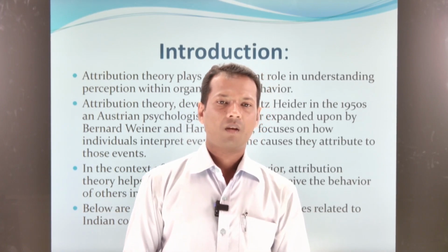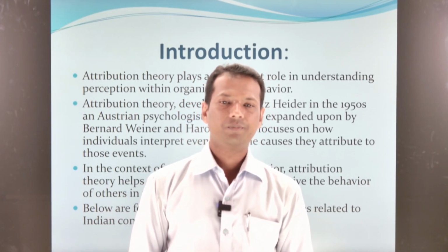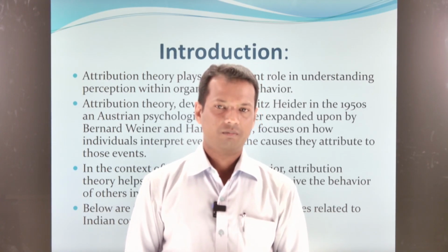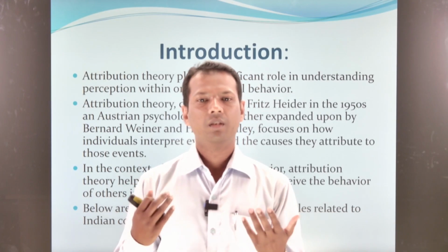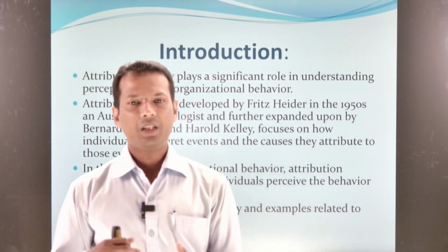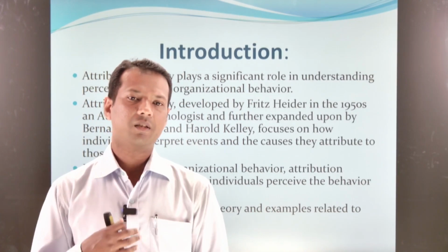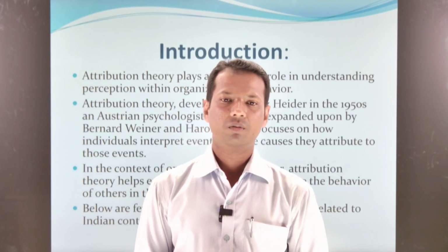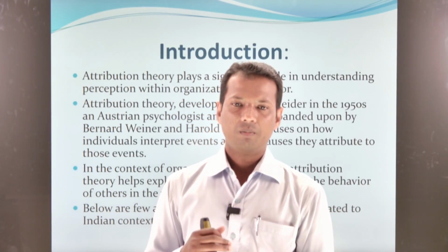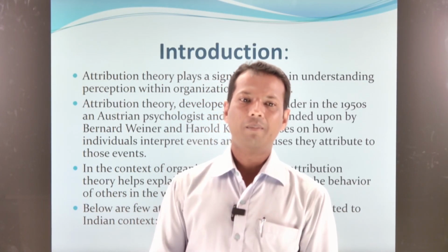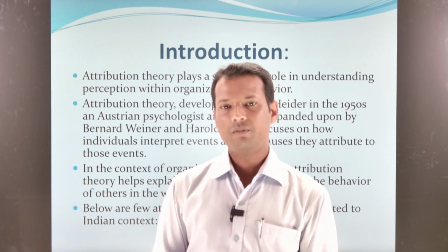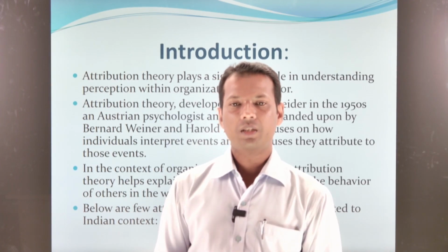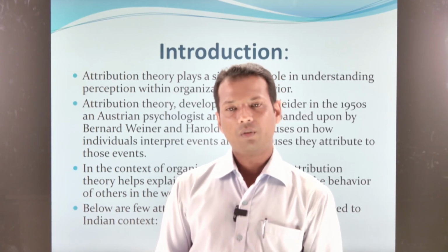According to them, attribution theory focuses on how an individual interprets various kinds of events, issues, or causes they attribute to those events. So attribution theory is all about interpretation: how an individual interprets a certain event, issue, or cause, and how they attribute to those.